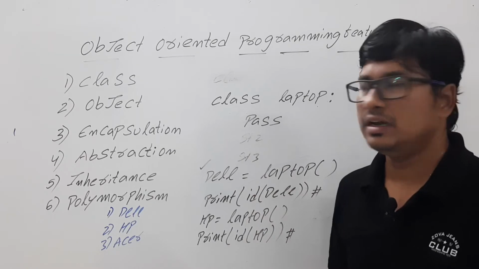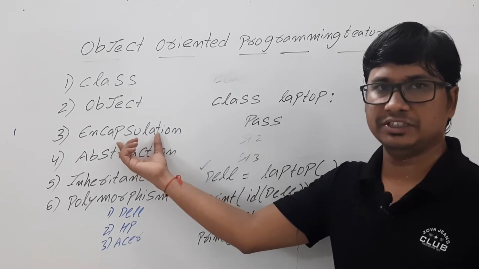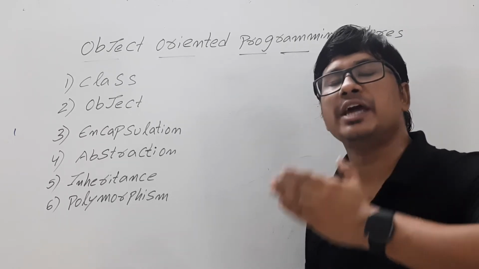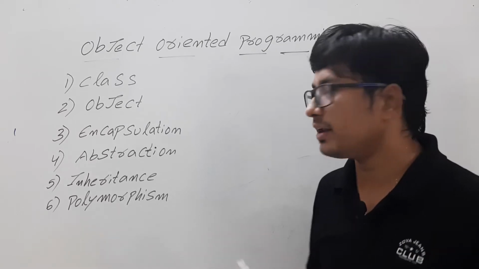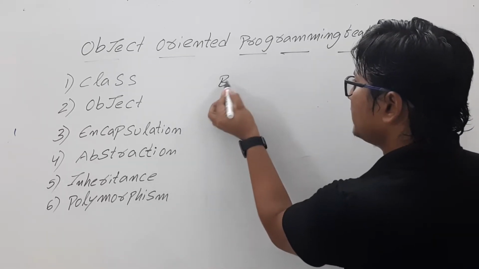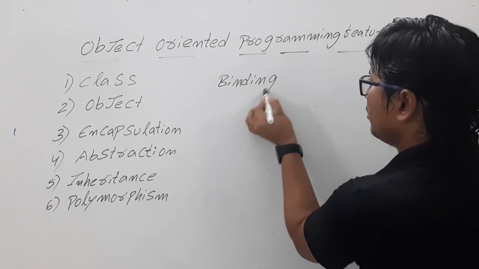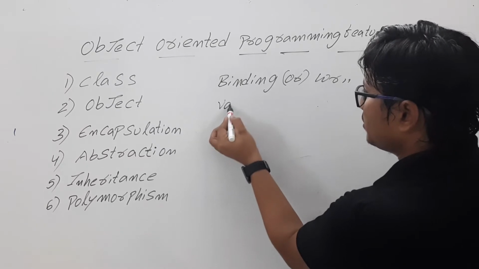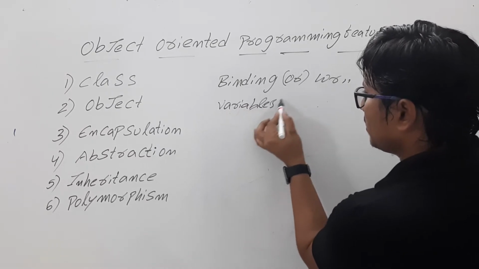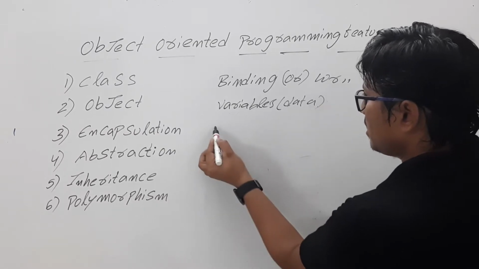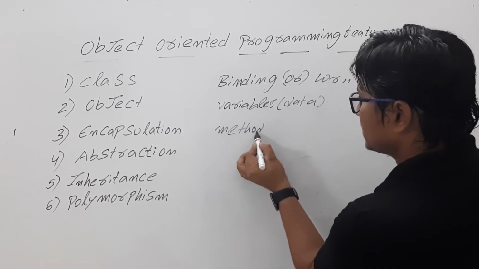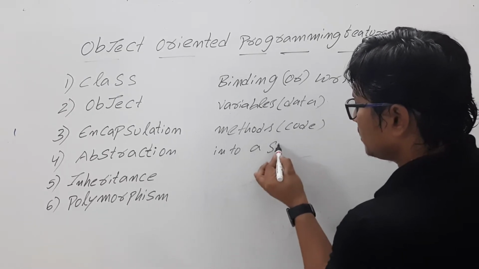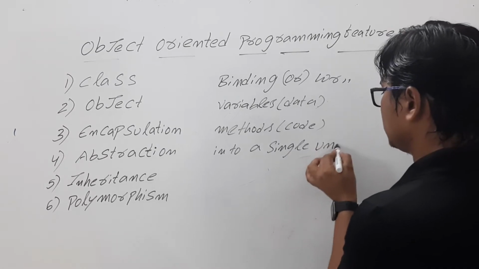Now let me discuss encapsulation. Encapsulation is binding or wrapping attributes and methods into a single unit. Or I can say it is binding or wrapping the variables, or you can say data and methods, even a code, into a single unit, which is called encapsulation.